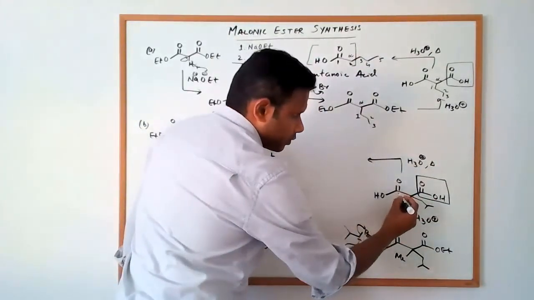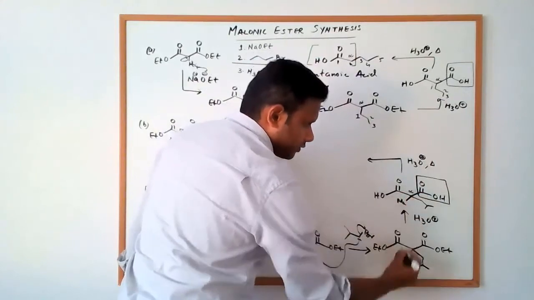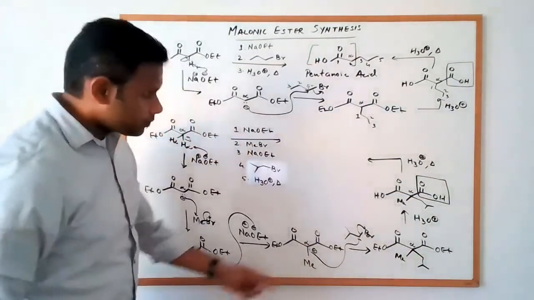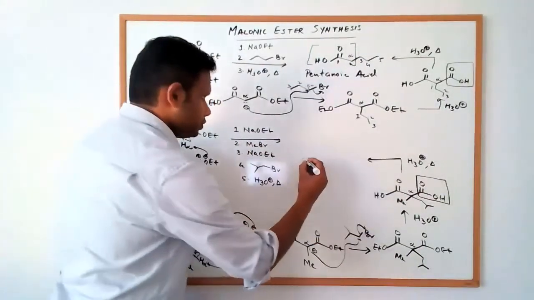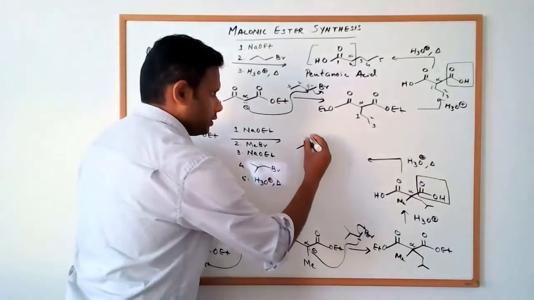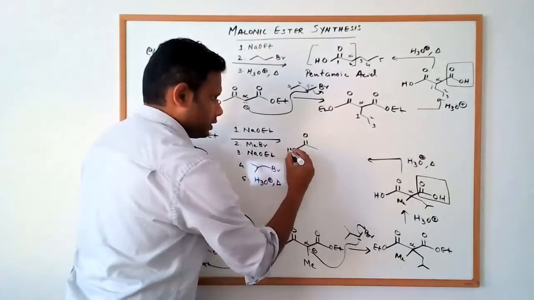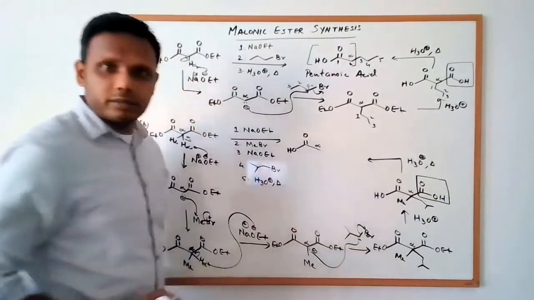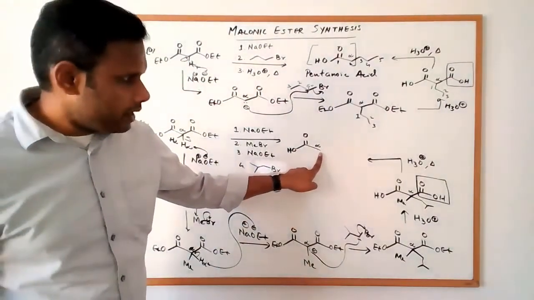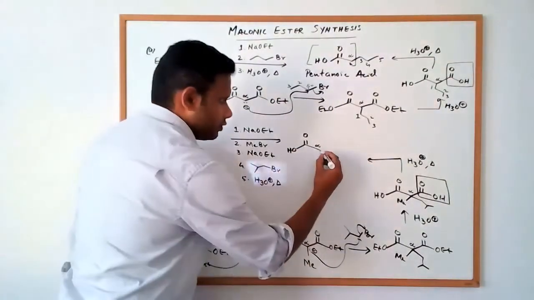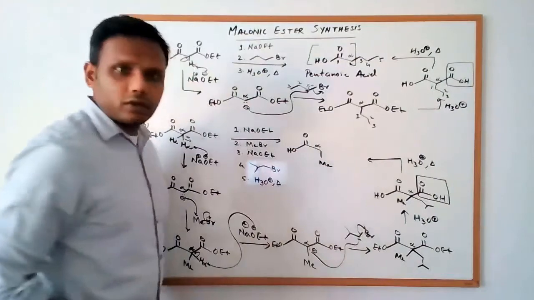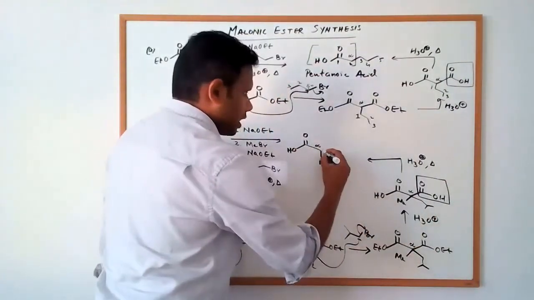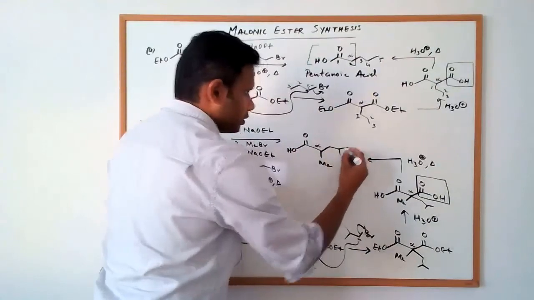So if you look at it overall, that's your alpha carbon, alpha carbon, alpha carbon. And so I'm going to draw acetic acid. Here's our alpha carbon. And on the alpha carbon, we should have a methyl group and we should have the isobutyl group.